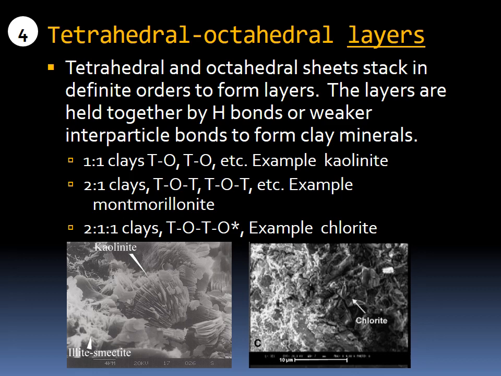And when you put octahedrons together, you form an octahedral sheet. And now we are moving to a larger scale, where you put tetrahedral sheets with octahedral sheets, and you build a layer. And when you put layers with layers and bind them with bonds, you are building the clay.